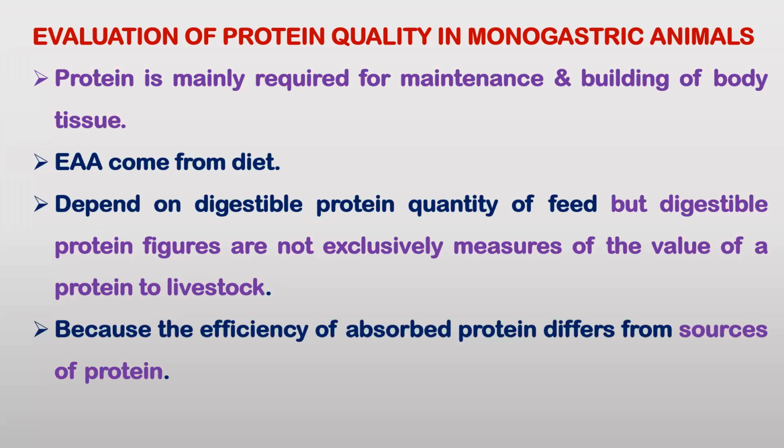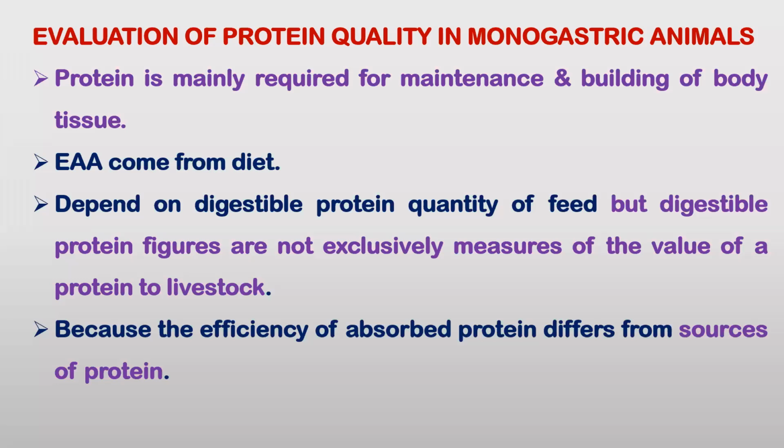As we are all aware, what is the importance of protein in livestock feeding? Protein is one of the major components and main nutrients of the diet. And like energy, protein is a major nutrient and very costly. If we calculate the cost of the protein in the diet, the cost of protein is maximum among the ingredients.